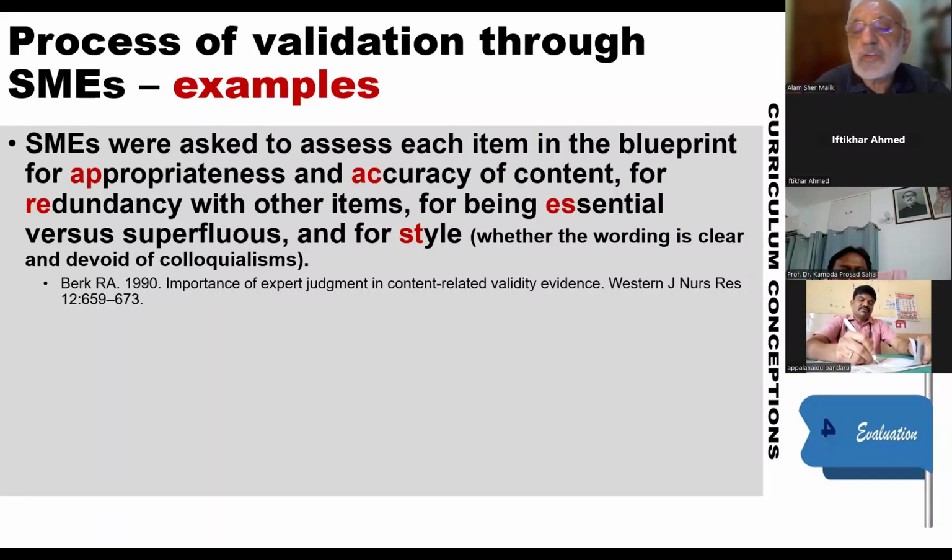So we send this content to subject experts and ask them to assess it based on these points: appropriateness and accuracy, redundancy, essentiality, and the style. Style means whether the wording is clear and there is no ambiguity.